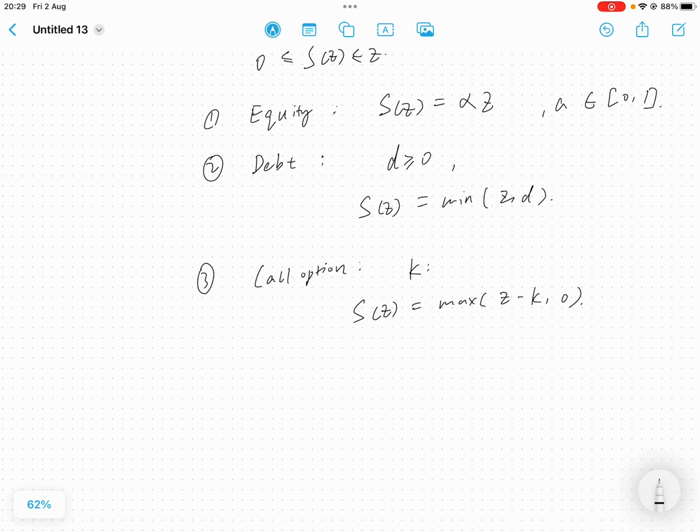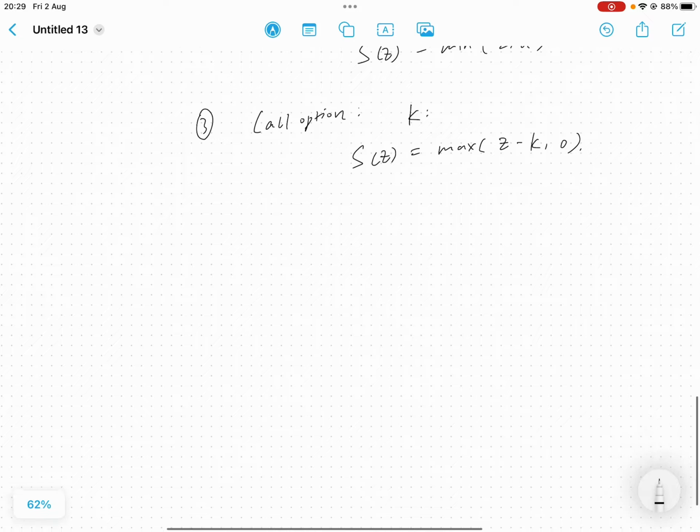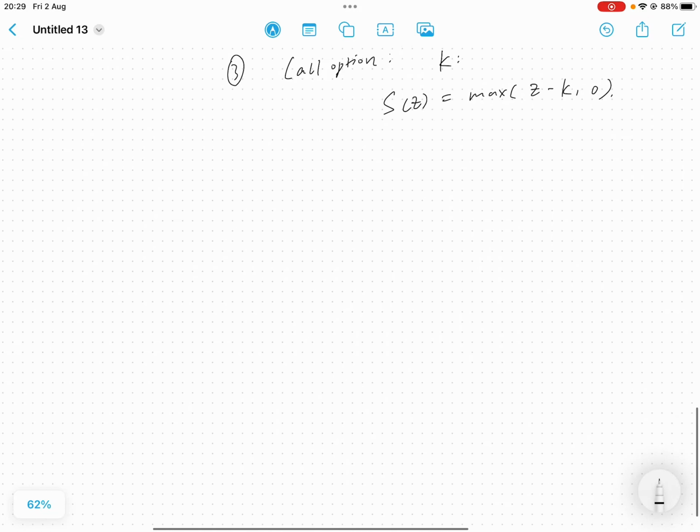So the higher bids correspond to lower strike prices. All right, good. And with those securities, then we can start to analyze the problem.